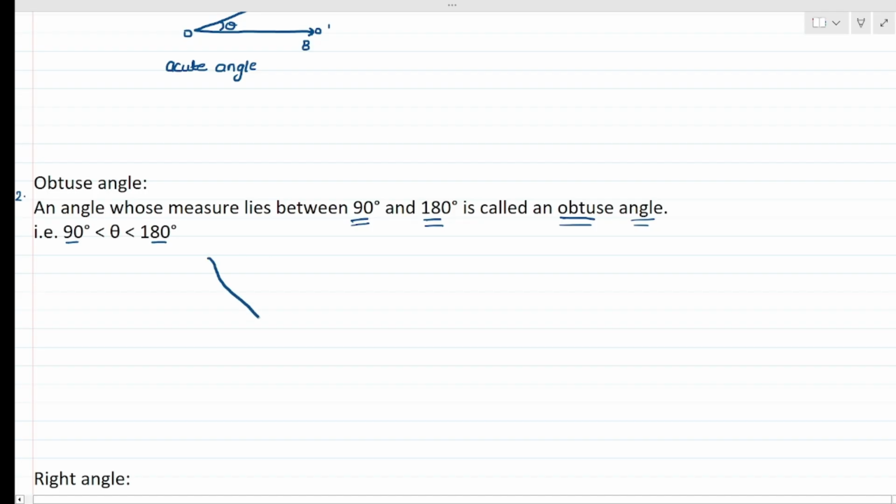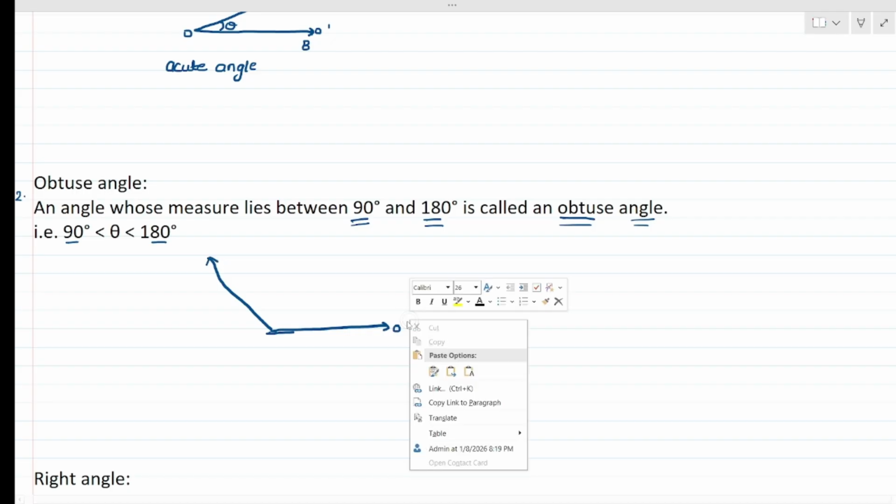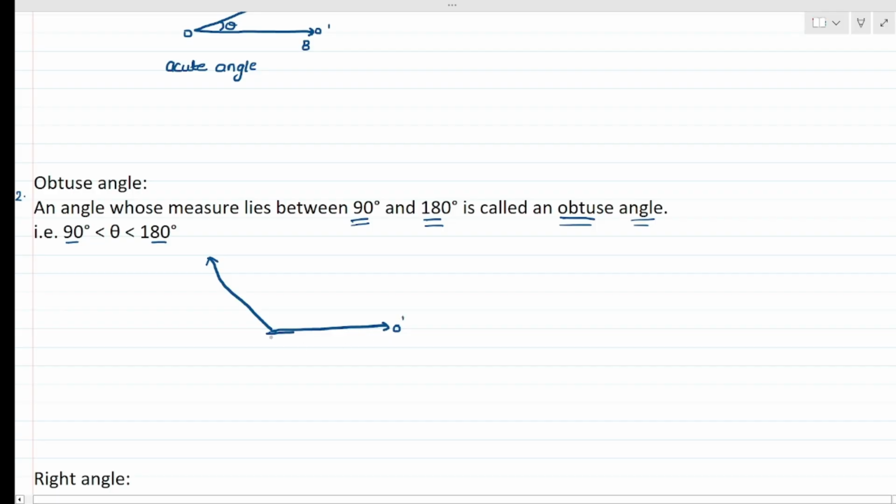So your angle lies between 0 degree, this is your 0 degree, this will be your 180 degree, this will be your 90 degree. So this angle will lie between 90 and 180.